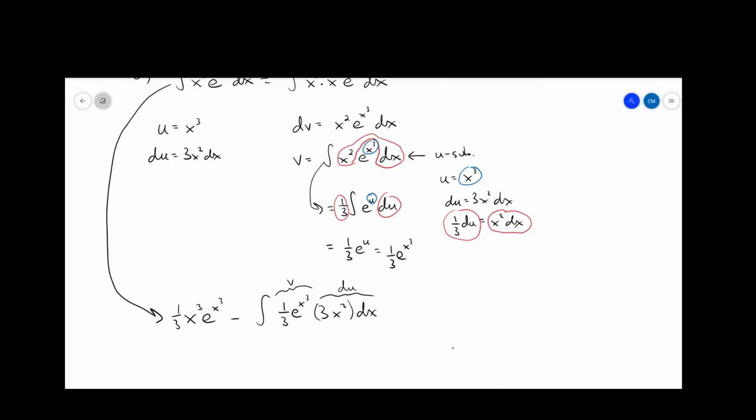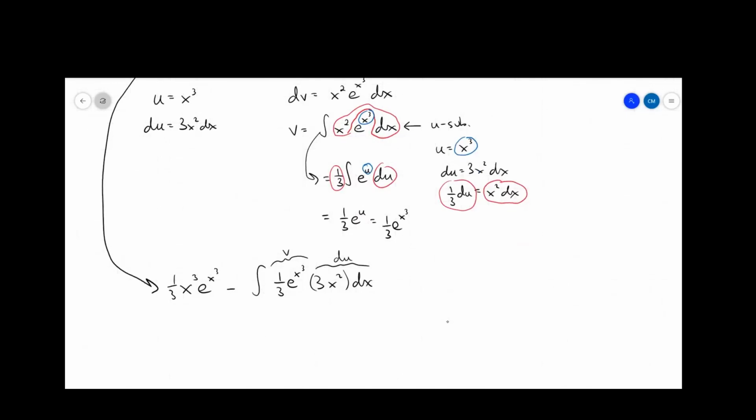And remember that v is the same v that we just got up here with that u sub. Simplifying this, we're going to get 1/3 x to the third e to the x to the third. The 3 and the 1/3 cancel, so we're going to get minus the integral of x squared e to the x to the third.